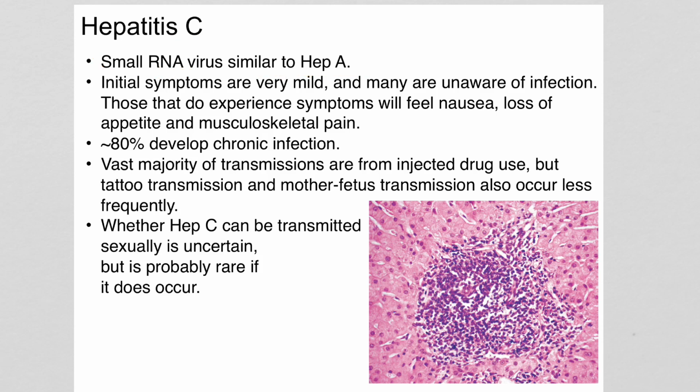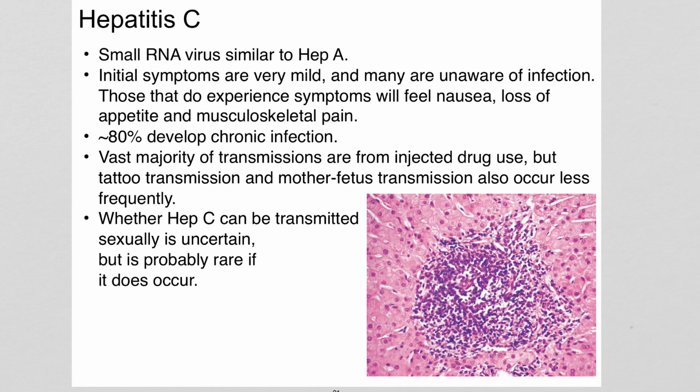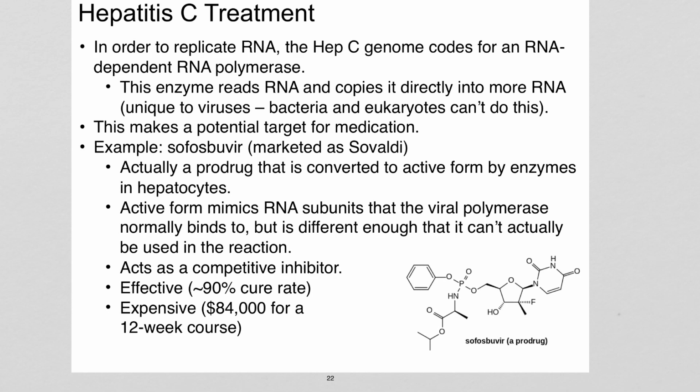And for people that develop chronic Hep C infections, which is the majority, they're looking for a way to get rid of it. For a long time, there have been drugs that can sort of manage Hep C, mitigate symptoms, but not completely get rid of it. And we mentioned this drug. It's actually a prodrug, which is essentially an inhibitor to RNA-dependent RNA polymerase.